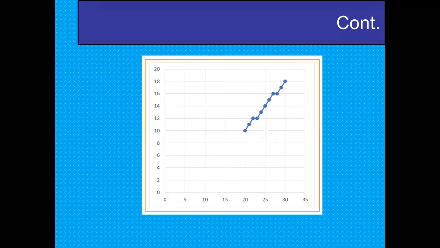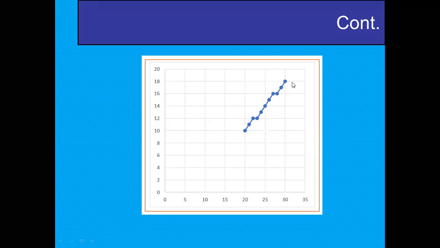Now here you can consider the maximum value of x and the maximum value of y, so that you can consider the x axis and y axis, and you can see such a type of line is coming.